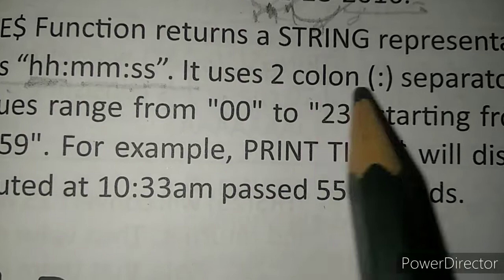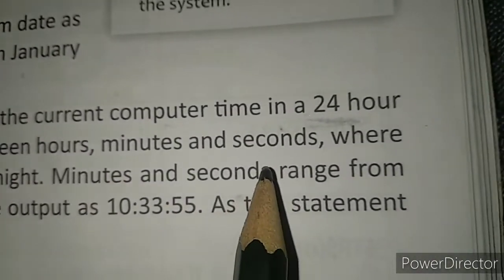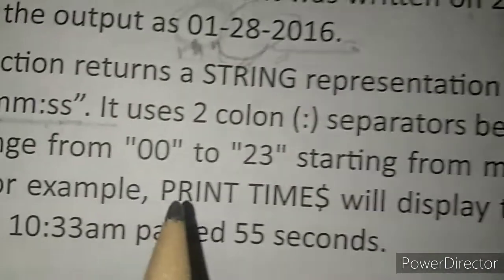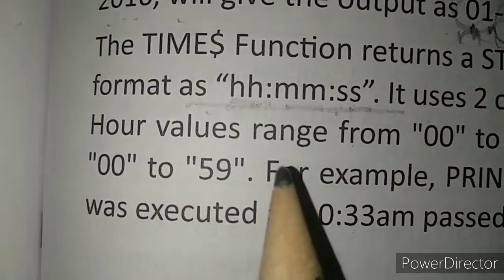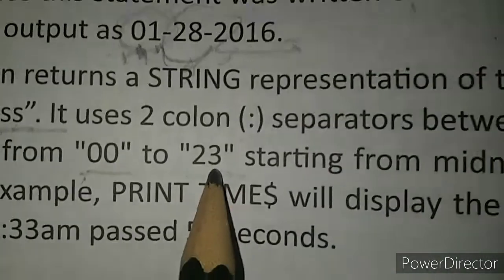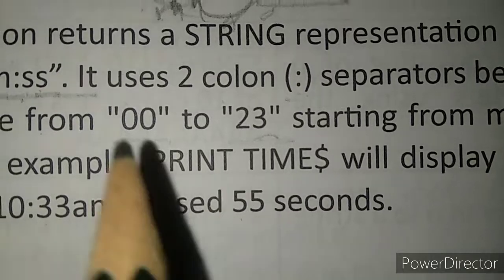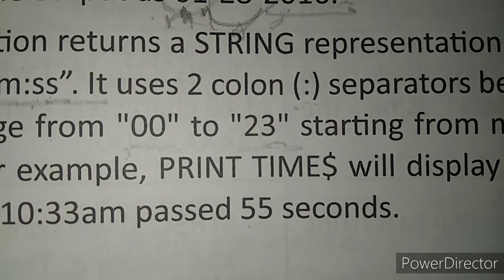It uses 2 colons to separate the hours, minutes, and seconds, where the hours value ranges from 00 to 23, right? It means 12 hours for AM and 12 hours for PM.